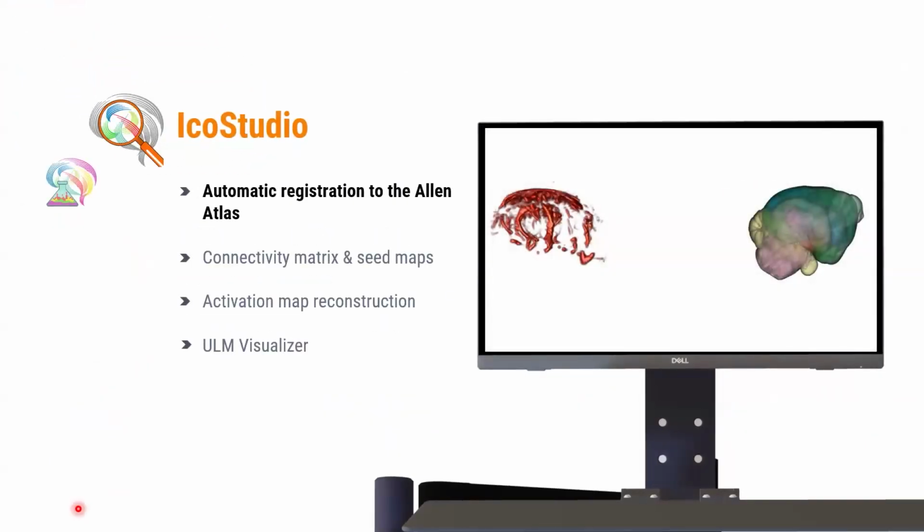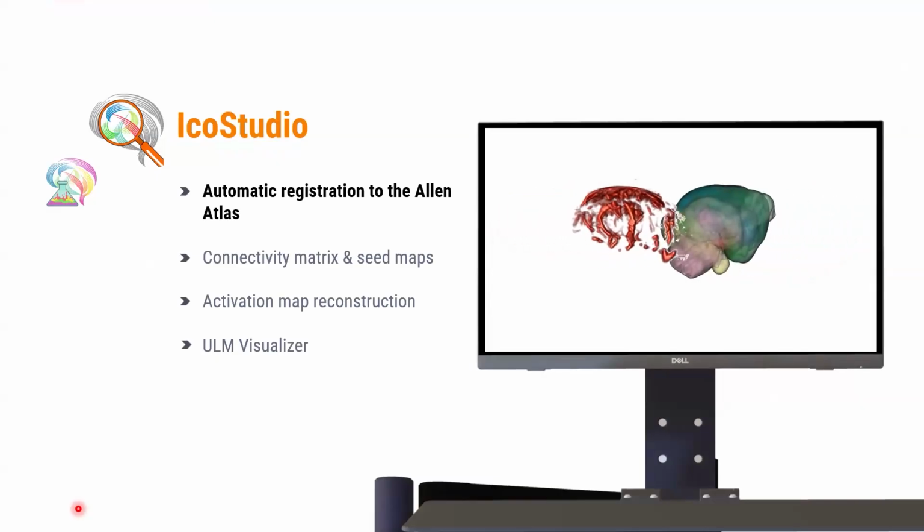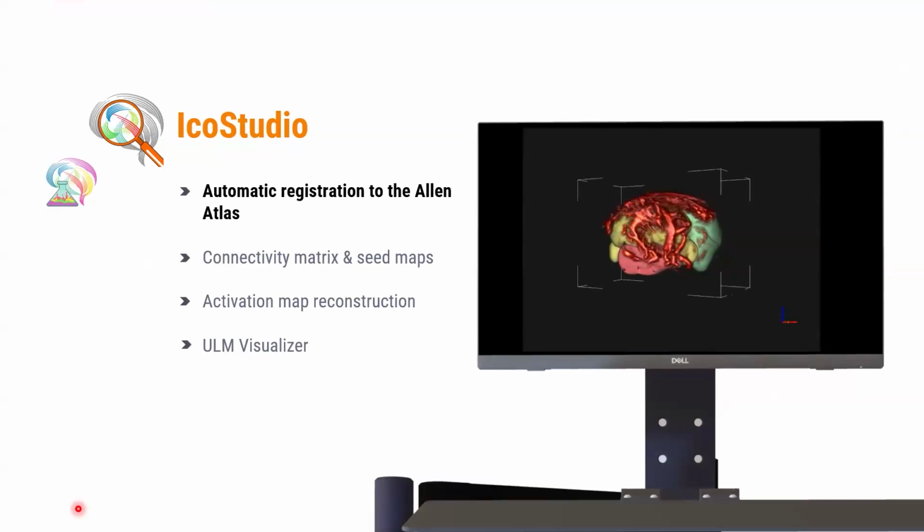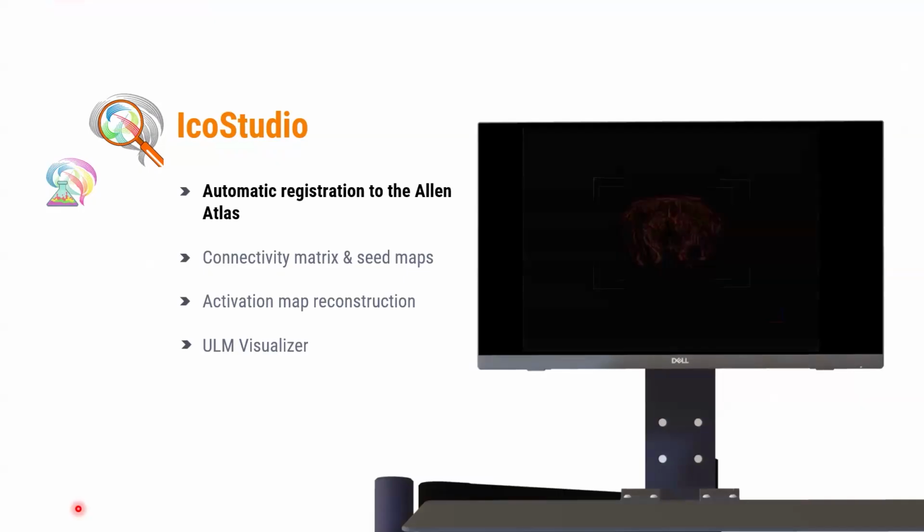Then, most importantly, we have IcoStudio, which is our visualization and exploration software. In IcoStudio, you have the possibility to automatically register your vascular scan to the Mouse Allen Brain Atlas or to the Sigma Rat Atlas, and to use the regions of interest directly within the Atlas space, increasing reproducibility and robustness.